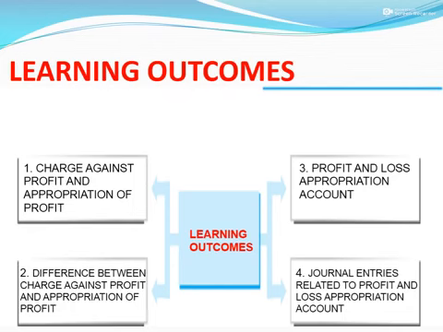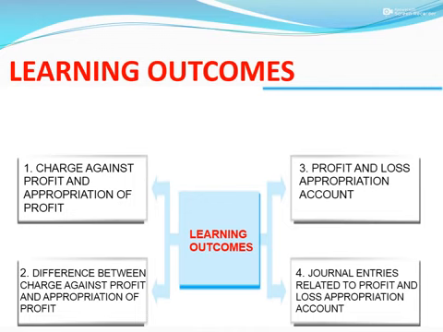In this presentation we will discuss four key points. First is charge against profit and appropriation of profit. Then we will discuss the difference between charge against profit and appropriation of profit.